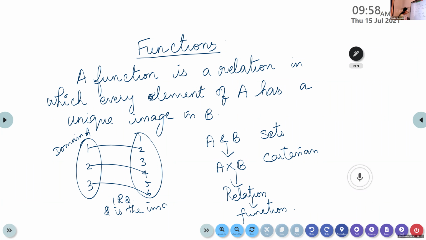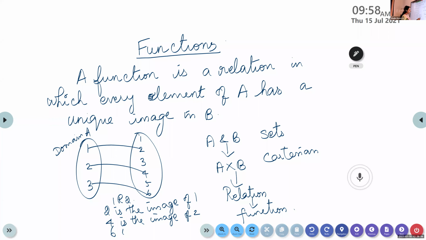What is the image of 2? 2 is mapped onto 4, therefore 4 is the image of 2. And 6 is the image of 3.